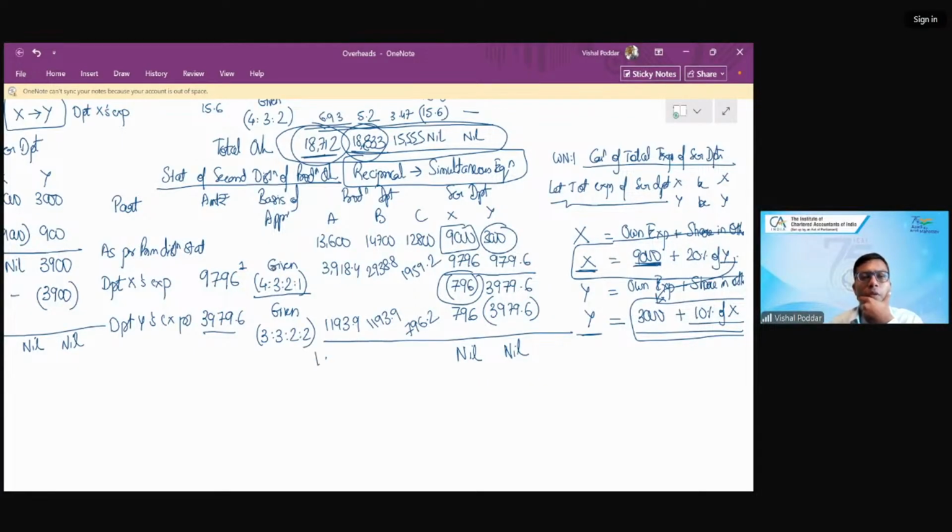Now, students, make a total of this. You will find the total same as above, with some small rounding difference. Make a total.